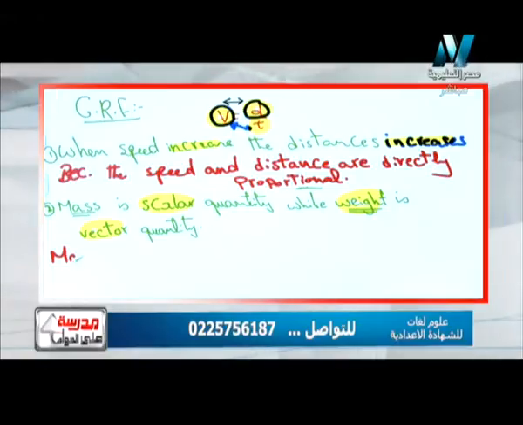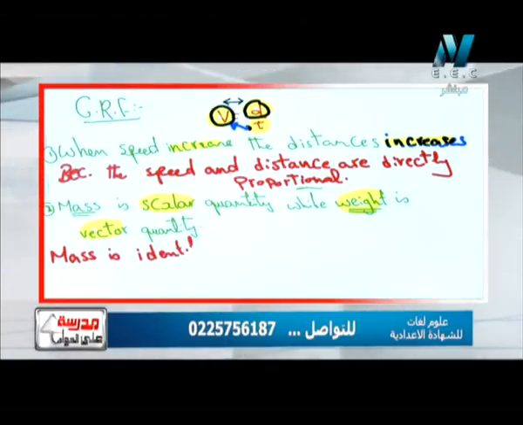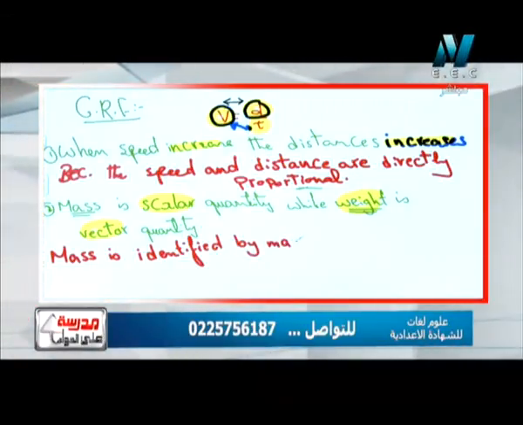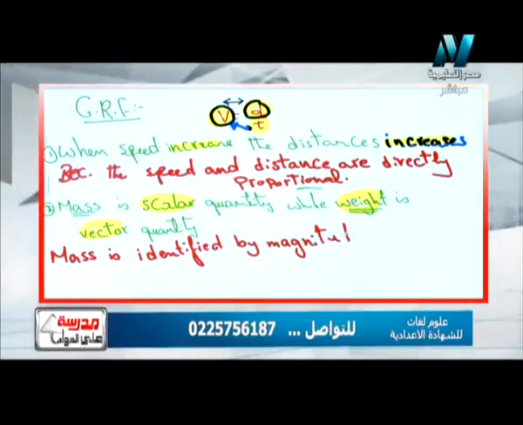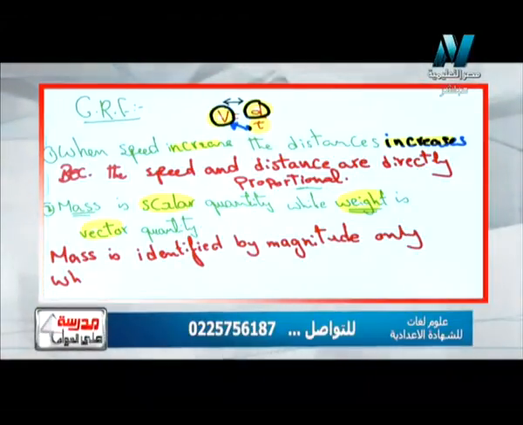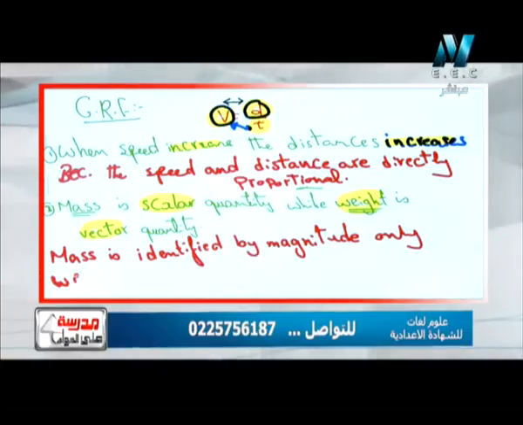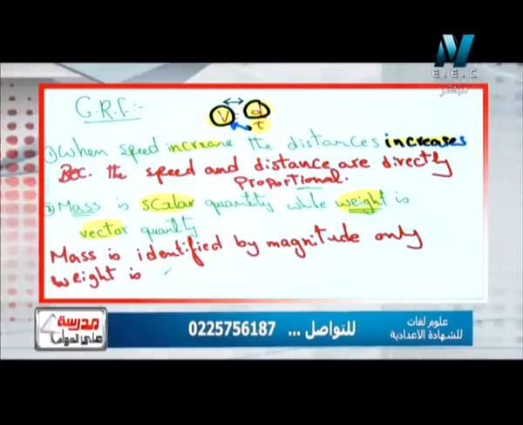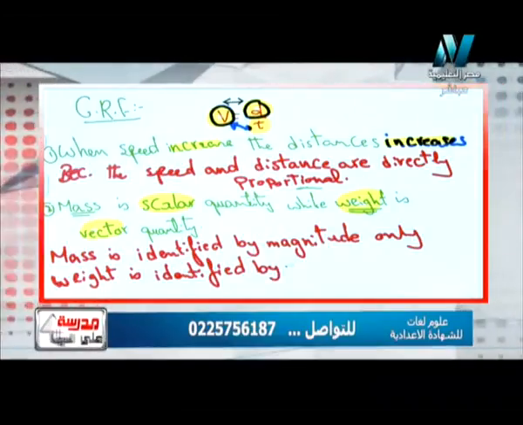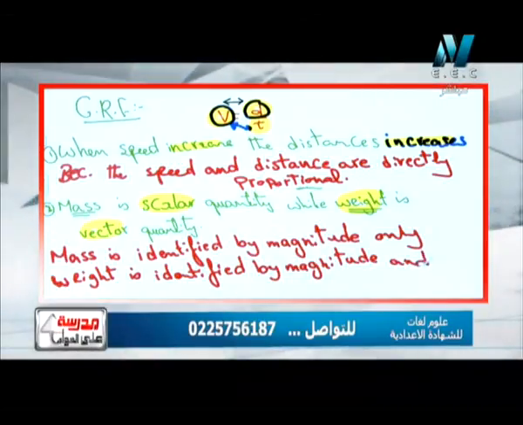Because mass as a scalar is identified by magnitude only, while weight as a vector is identified by magnitude and direction.